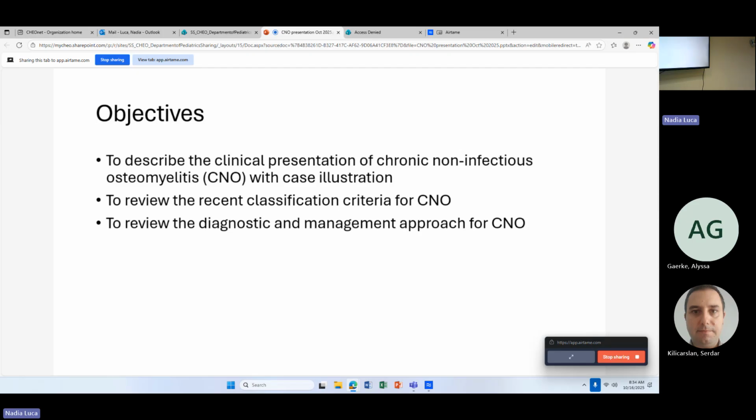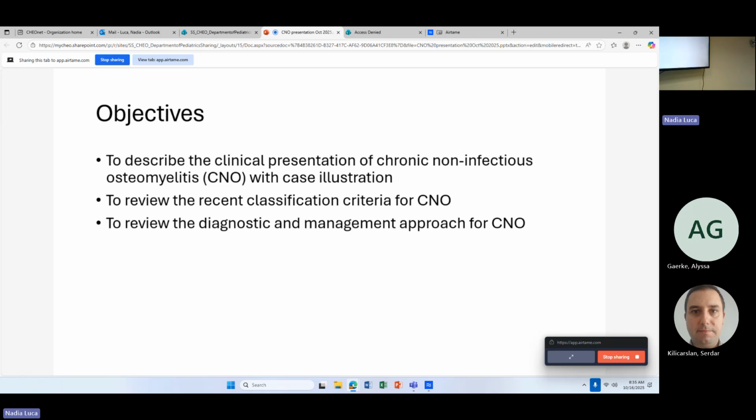I'm going to use the term CNO because that's the most comprehensive umbrella term, but in the literature and even in clinical conversation, you might hear CRMO, which is chronic recurrent multifocal osteomyelitis. That has been changed to the more umbrella term of CNO because it's not always multifocal and it's not always recurrent. So it's a bit of a misnomer.